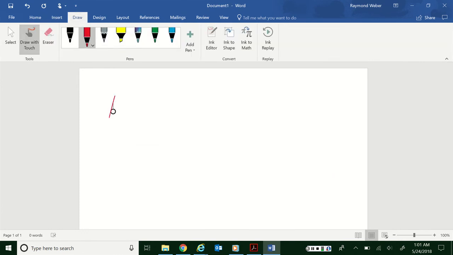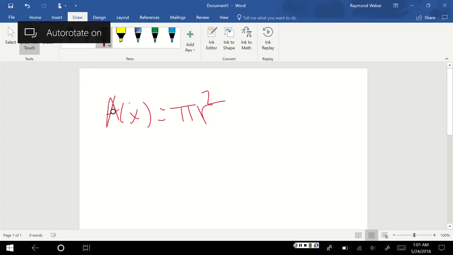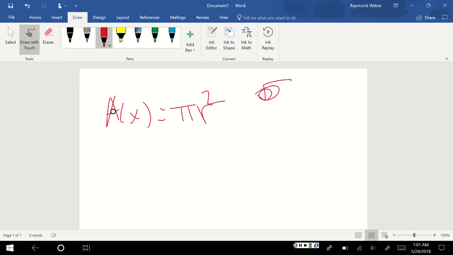To do that, my area is going to be, well, the area of a circle is pi r squared, right? We learned that years and years ago. So what's our radius? Our diameter is 5y squared, but we want the radius, and the radius is half the diameter.